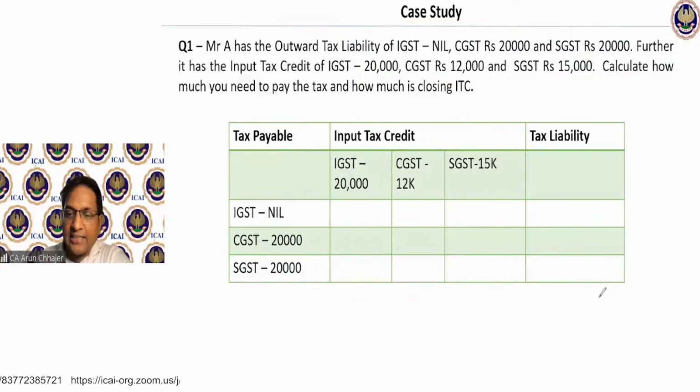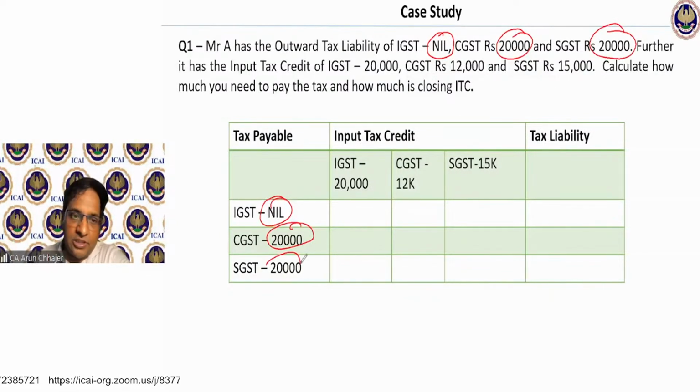A has the output tax liability of IGST nil, CGST 20,000 and SGST 20,000. He has ITC of 20,000 under IGST, 12,000 under CGST and 15,000 under SGST.